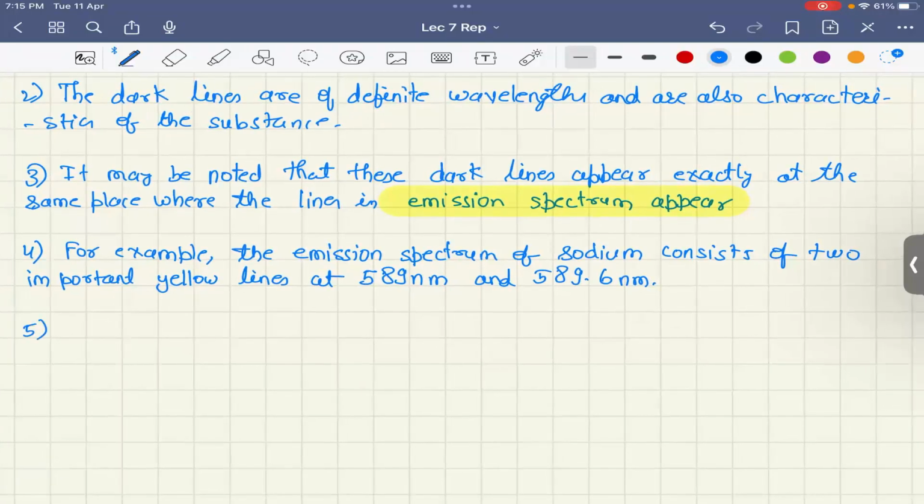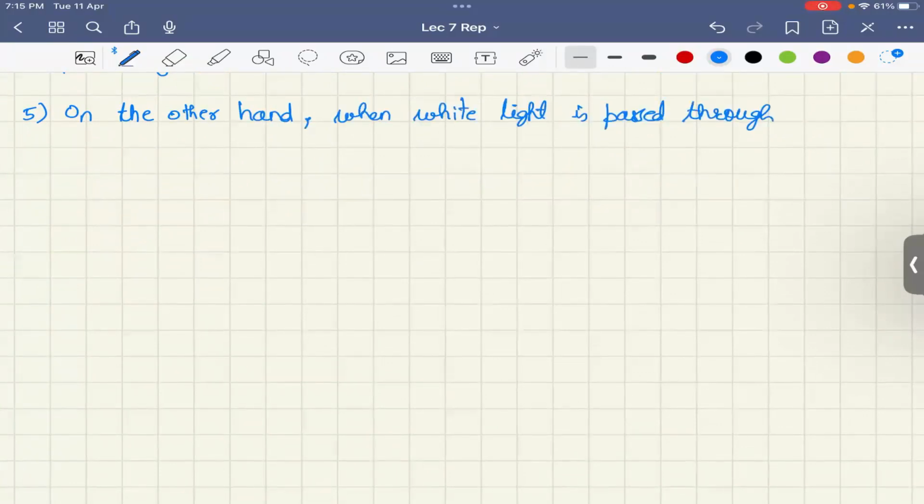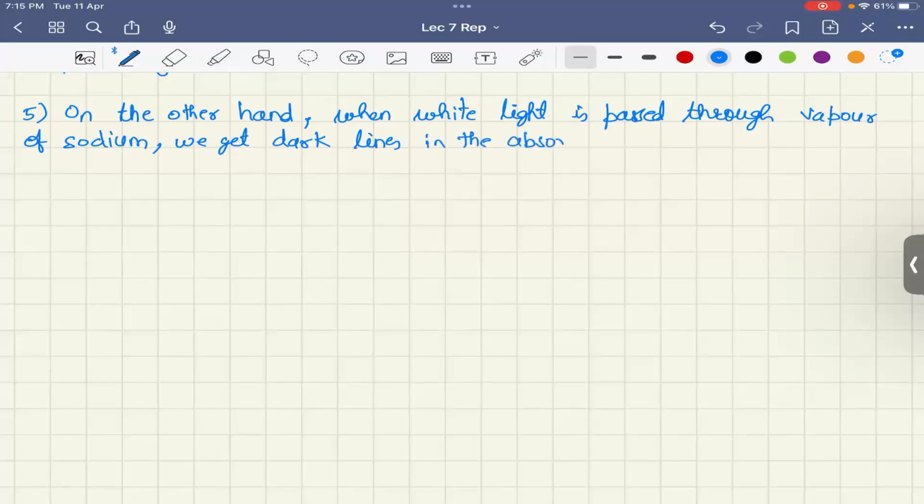On the other hand, when white light is passed through vapor of sodium, we get dark lines in the absorption spectrum at the same place, that is at 589 nanometer and 589.6 nanometer.